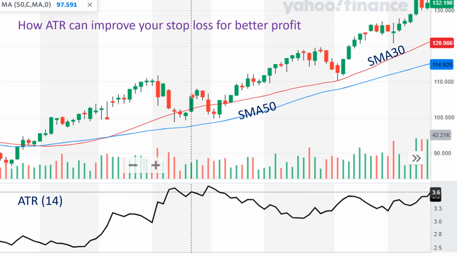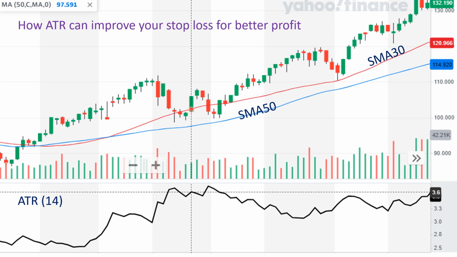$105.90. Now the ATR value of this candle is calculated at $3.60, as you see here. Now the dynamic support at this point is $101.50.